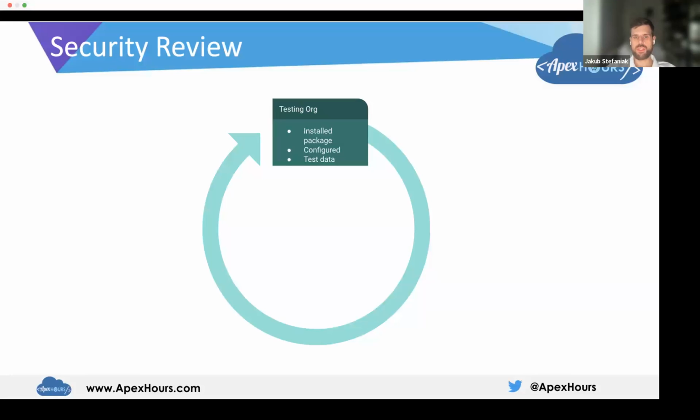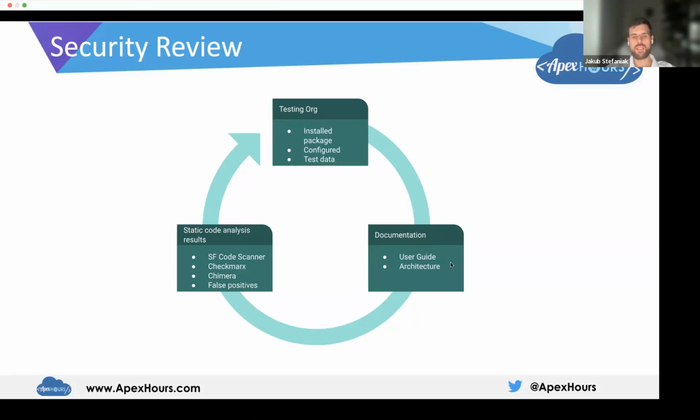To start the submission process, you must configure a test environment where you install your package, configure it, and provide some test data, so it really allows the Salesforce team to test your application. Then you are going to be asked to deliver documentation, architecture documentation, a user guide, and run static code analysis. There are tools like Checkmarx and SF Code Scanner, which are mandatory.